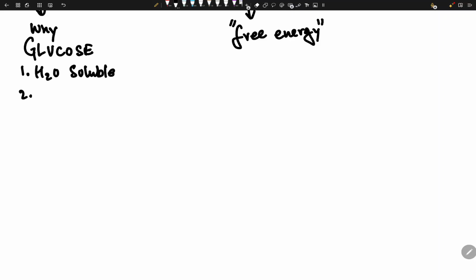Second reason is that glucose can produce ATP with or without oxygen. You can have some conditions where you don't have the required oxygen, right? So suppose oxygen suddenly disappears. Can cells still obtain ATP? Yes, through glycolysis.